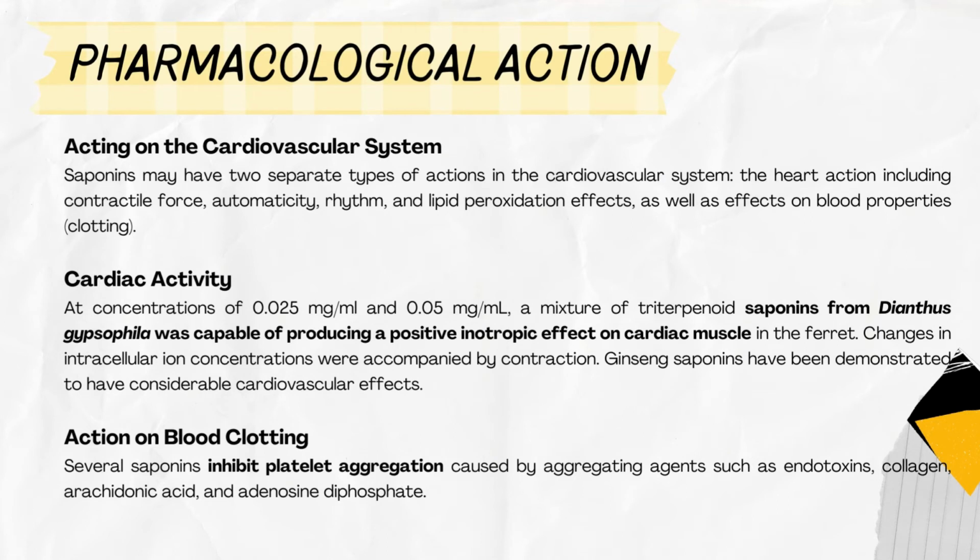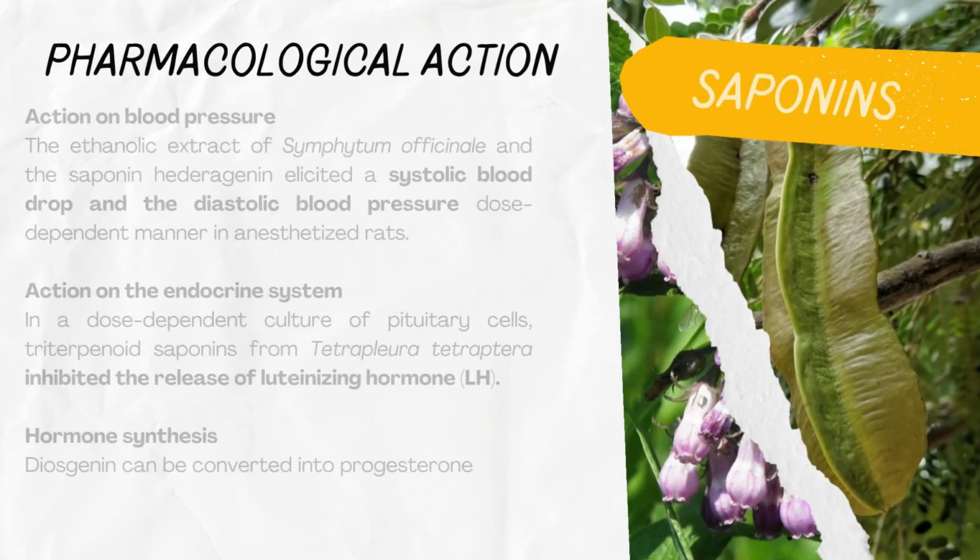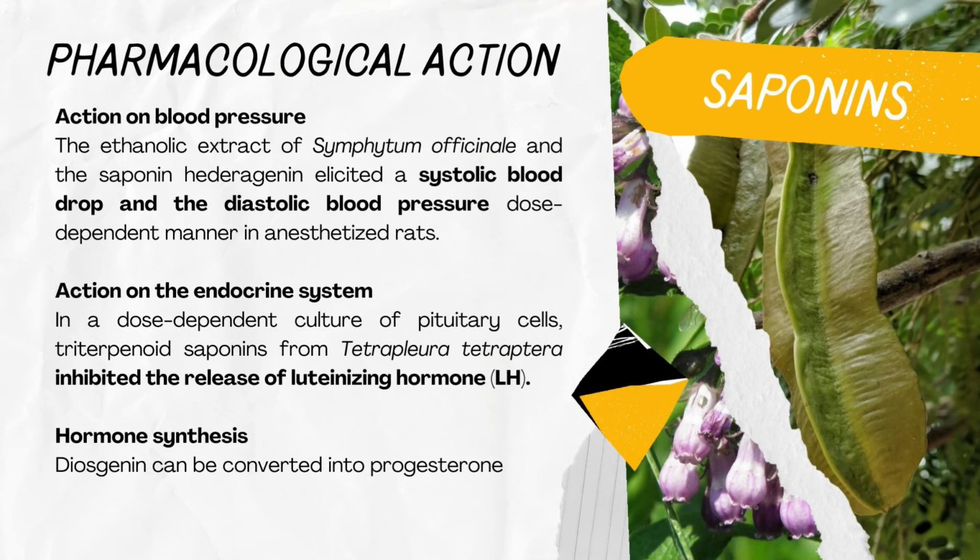In terms of cardiac activity, saponins from Dianthus gypsophila were capable of producing a positive inotropic effect on cardiac muscle. In terms of blood clotting, several saponins inhibit platelet aggregation.